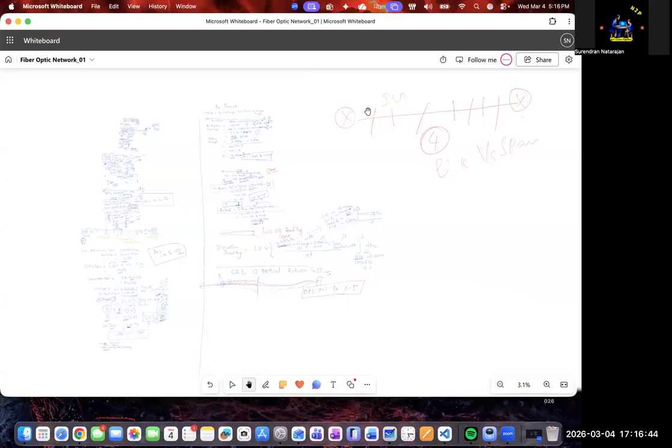This is not only applicable for optical, it is applicable for microwave, satellite, everywhere, because if you give unnecessary power, it will shoot beyond that point. You are always dealing with spans only, so it will not interfere with the next segment.